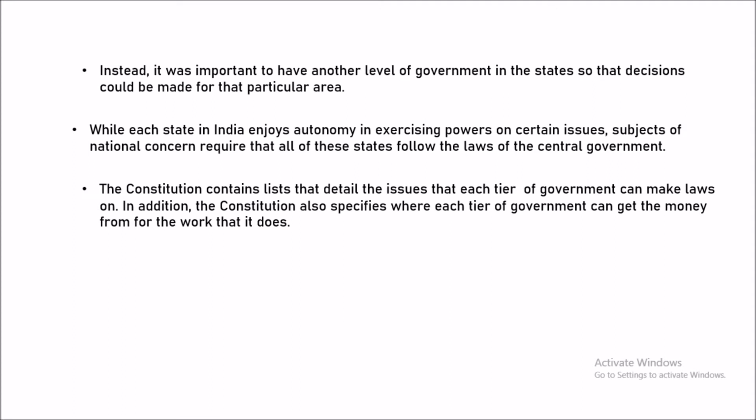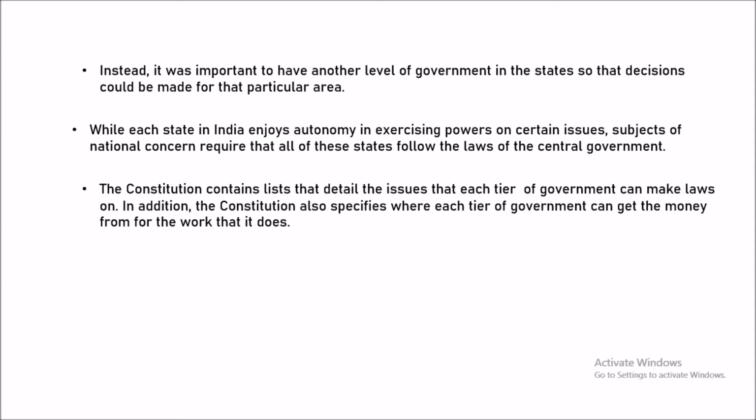The Constitution contains lists that detail the issues that each tier of government can make laws on. In addition, the Constitution also specifies where each tier of government can get the money from for the work that it does.